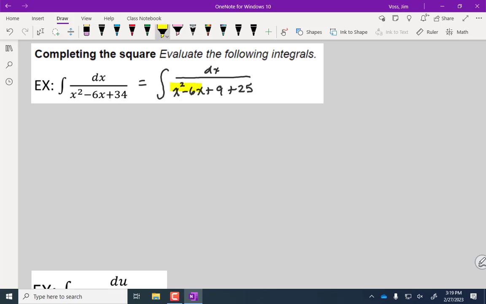This is now a perfect square trinomial, obviously. It's a perfect square trinomial if that constant at the end is the square of half the middle term. That can factor then into x minus 3, quantity squared, plus 25.